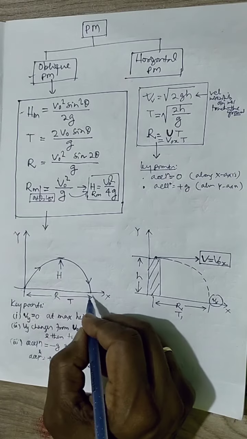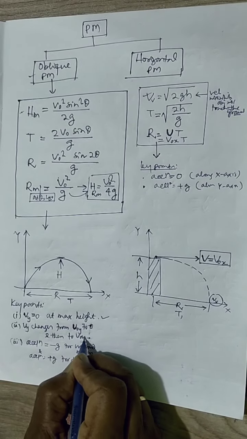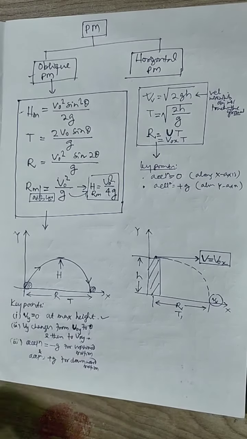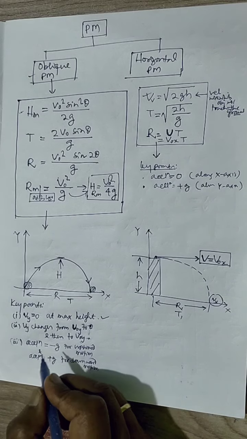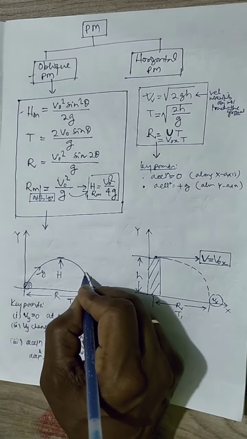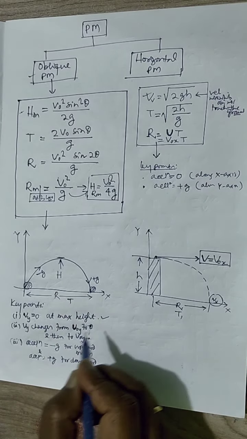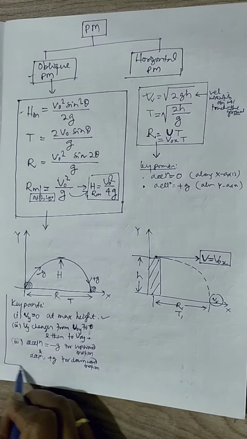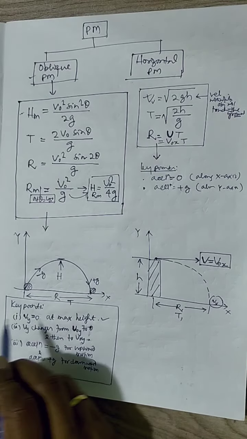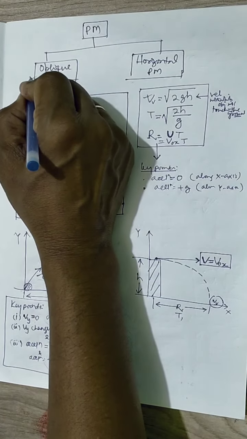Then from 0 it again attains v0y, with which it touches the ground. And acceleration is minus g during upward motion, and plus g during downward motion. These are the three key points we need to remember while solving problems on oblique projectile motion.